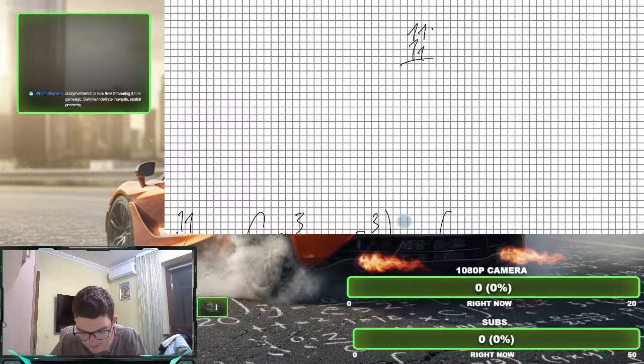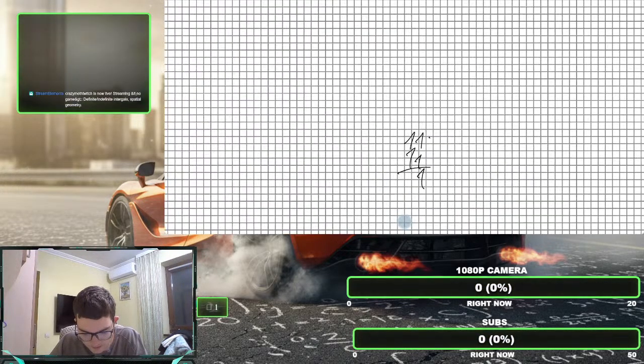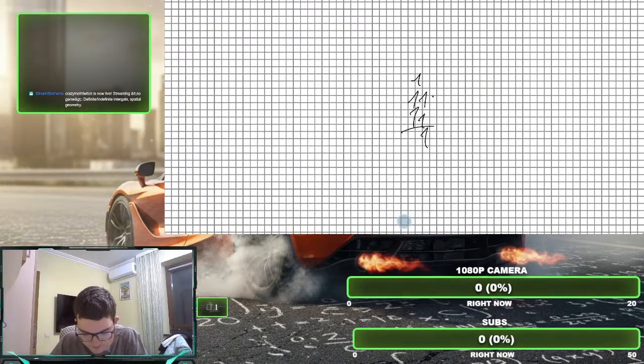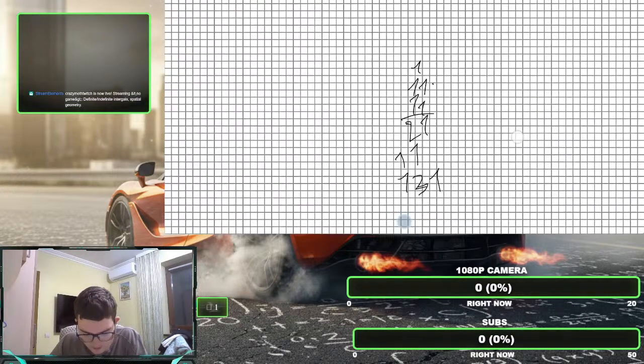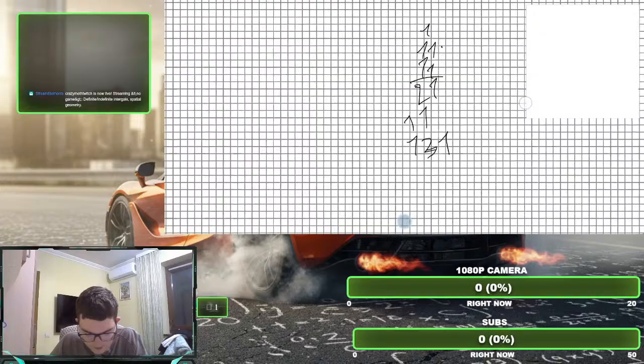11 to the third power. Basically 1, 2, 1. Actually it's 121.